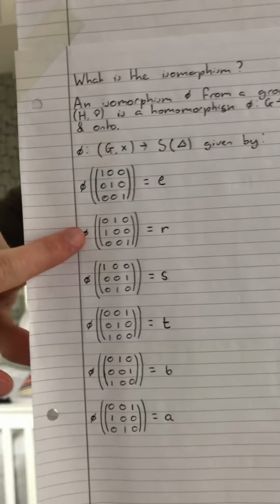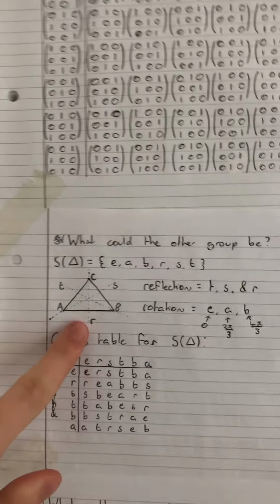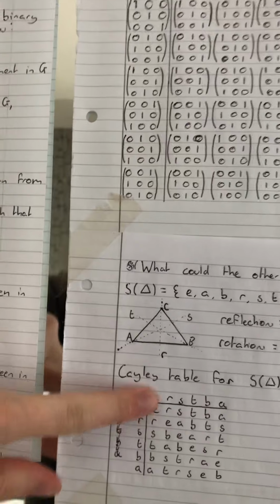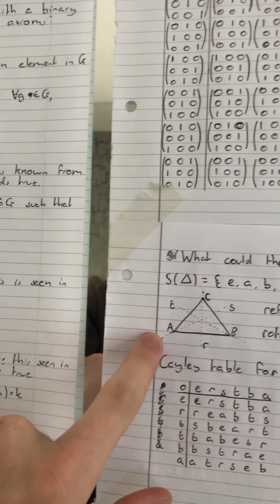So in this one, A and B are swapped around, and this is the same case here, where this symmetry transformation will swap point A and point B around.